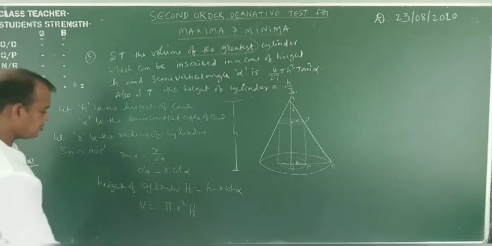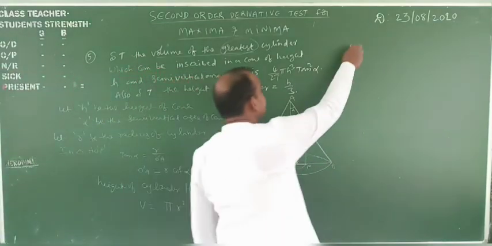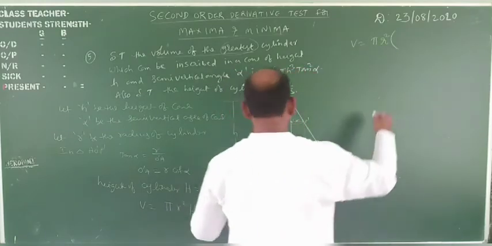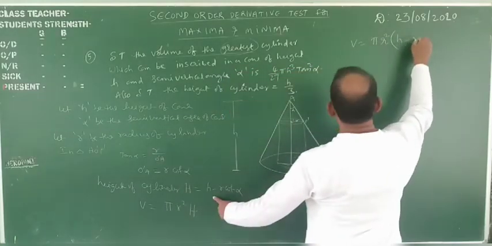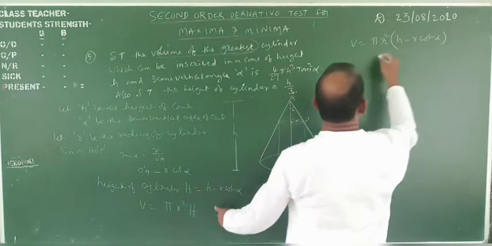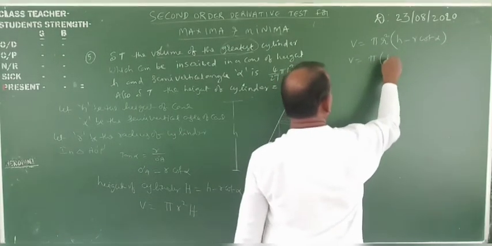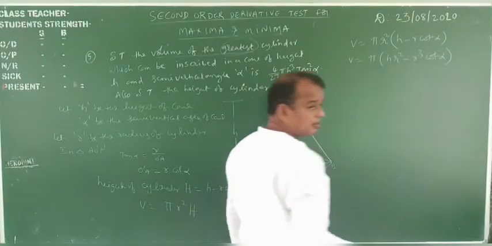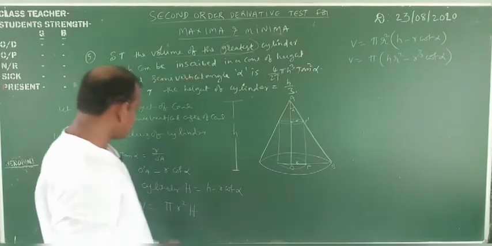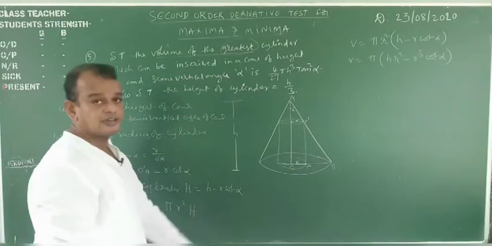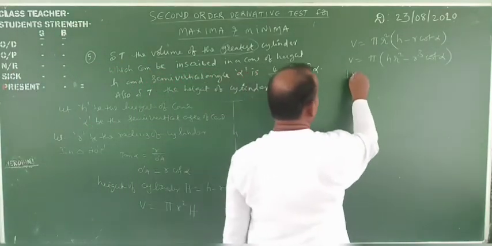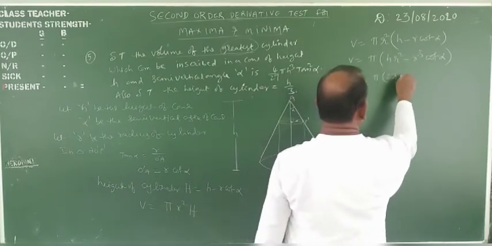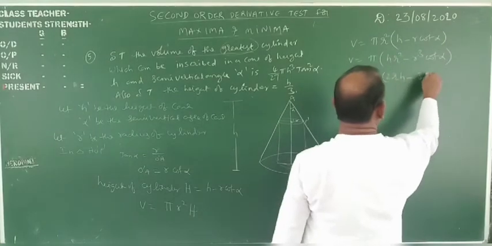My dear students, now V is equal to pi r square H, where capital H is h minus r cot alpha. Now V is equal to pi into h r square minus r cube cot alpha. Now differentiate. dV by dr is pi into 2rh minus 3r square cot alpha.